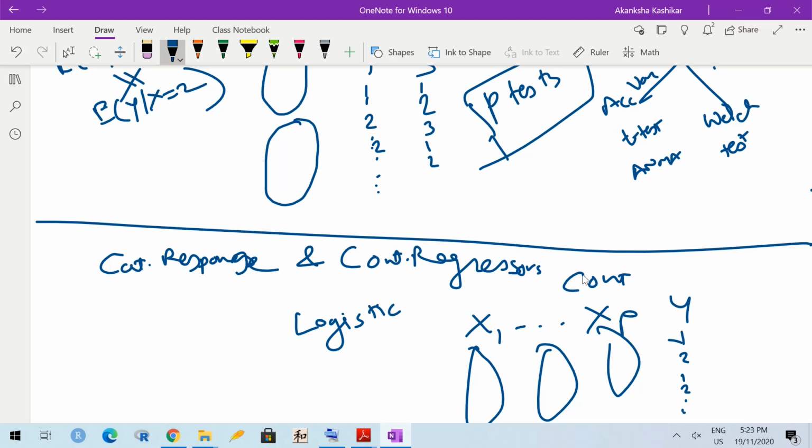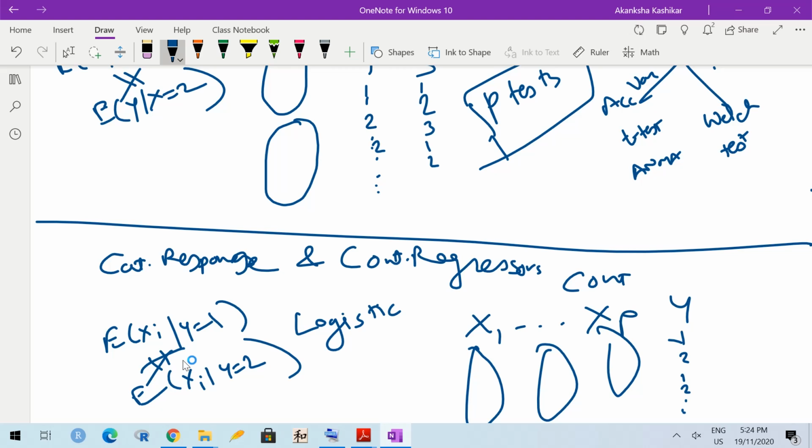Now you are doing something reverse: we are comparing the expectation of xi given y equal to 1 with the expectation of xi given y equal to 2. If these are significantly different, then only you say that these xi's can probably have a role in predicting y. So you have two options. You either go with something like logistic regression or discriminant analysis, or you go with the same t-test or ANOVA, etc.